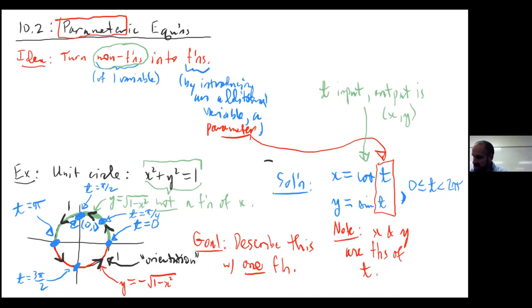So in the end, this right here is called a parametrized curve, okay? Is this making sense? We are turning a non-function into a function by introducing a parameter, and we're watching what happens as we move around this curve, yeah? That will help us to be able to do calculus very effectively on these curves, okay?